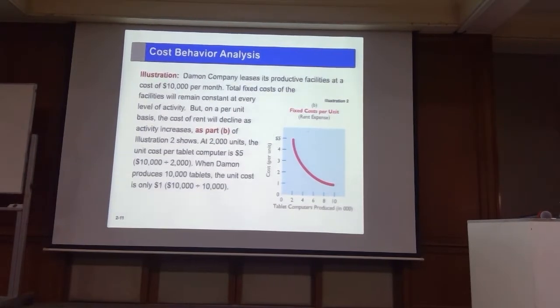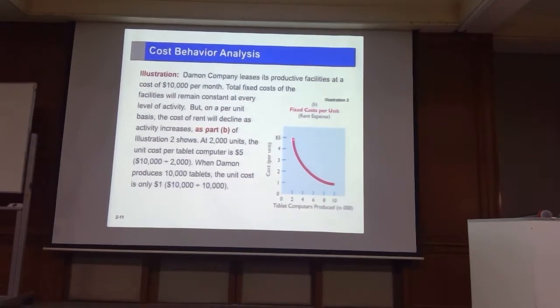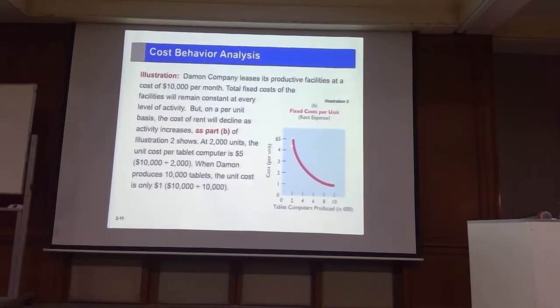On the contrary, if we look at the fixed cost per unit, as you can see here, the graph tends to be like an inverse slope, right? Let's see, if you produce 2,000 tablets per month, the fixed cost per unit equals 5, right? If you produce more, let's say 10,000, the fixed cost per unit here is reduced to $1 per unit.